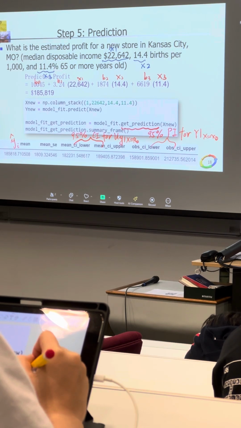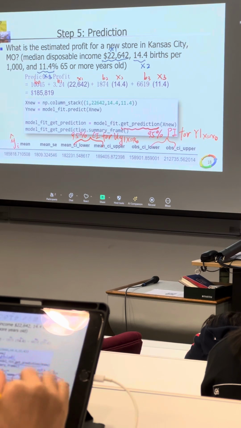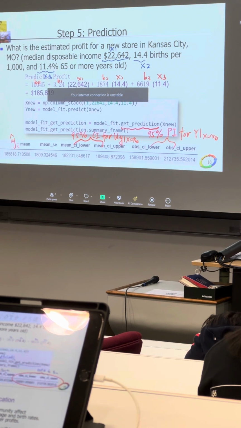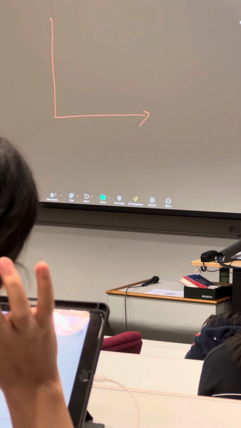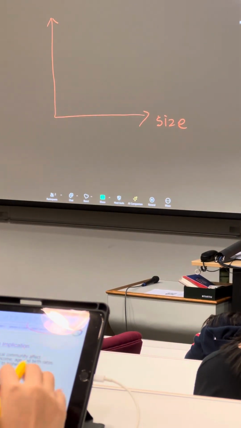Now, because some of the students told me that you totally forgot the difference between prediction interval and confidence interval, I will help you have a quick review here using simple linear regression. Let's say that we are trying to use the house size to predict the house price.